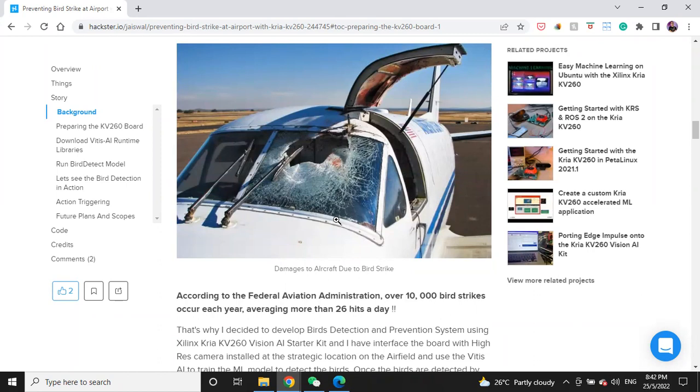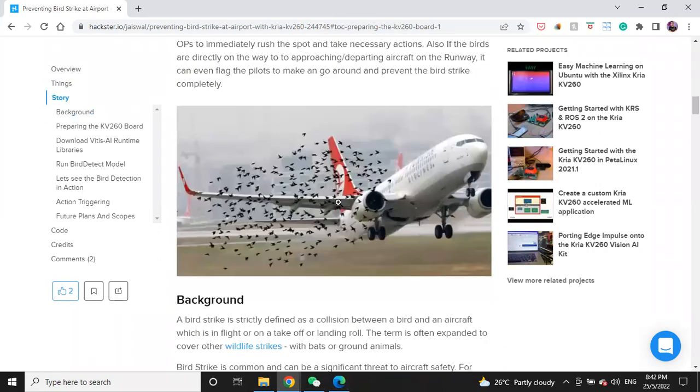And suppose a bird gets ingested into the engine, then that $10 million is all burnt away. So it's very crucial to prevent bird strikes, especially at very crowded or busy airports like London Heathrow, Dubai, or in India, Delhi and Mumbai.